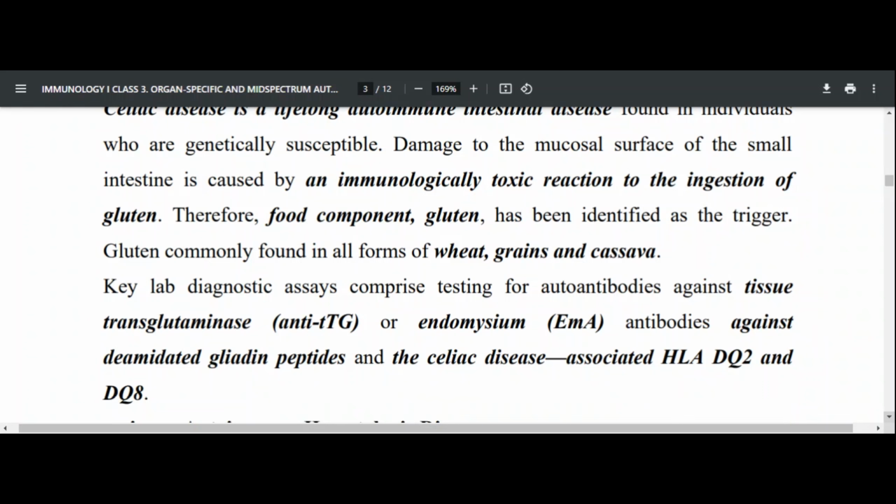So these are the autoantibodies that are normally found in celiac disease. Of course, that is because of the damage to the intestinal mucosa, the small intestine mucosa.